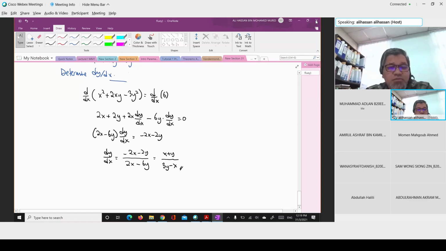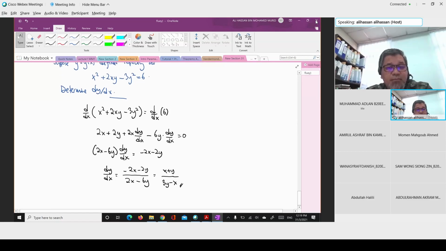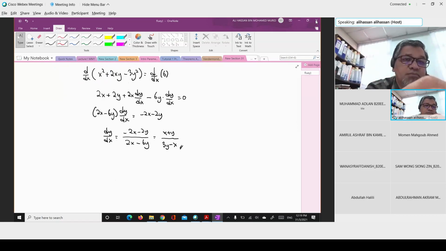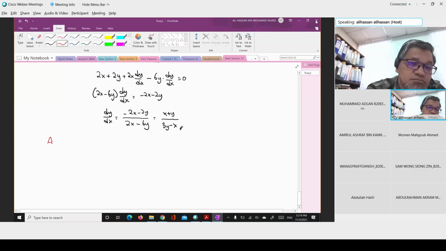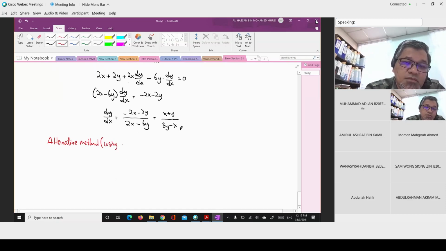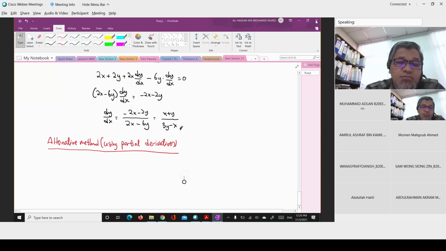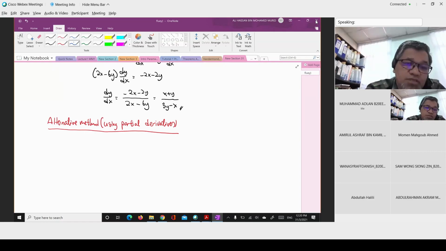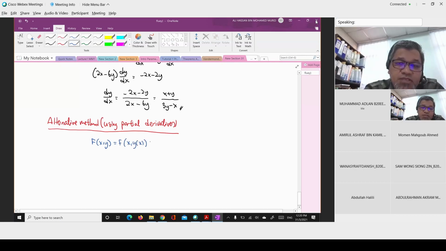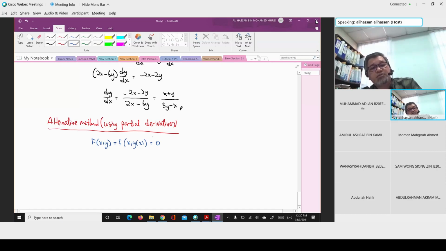But now I want to show you another method using partial derivatives. Now that you have learned partial derivatives, we can also solve this problem using partial derivatives. Alternative method using partial derivatives: suppose we have a function f(x,y) defined implicitly through this relationship.